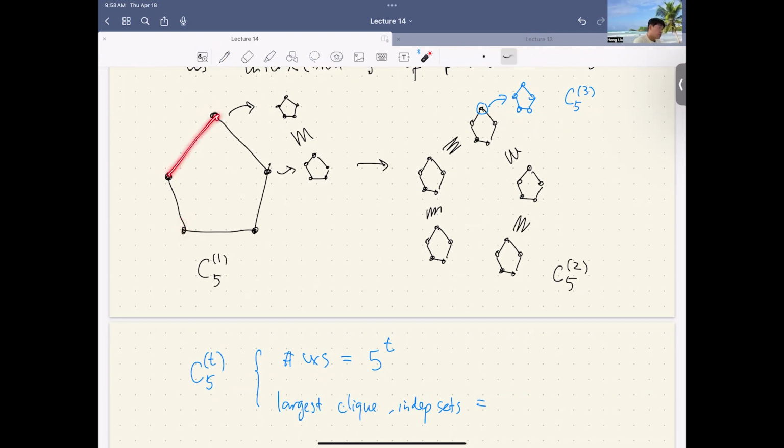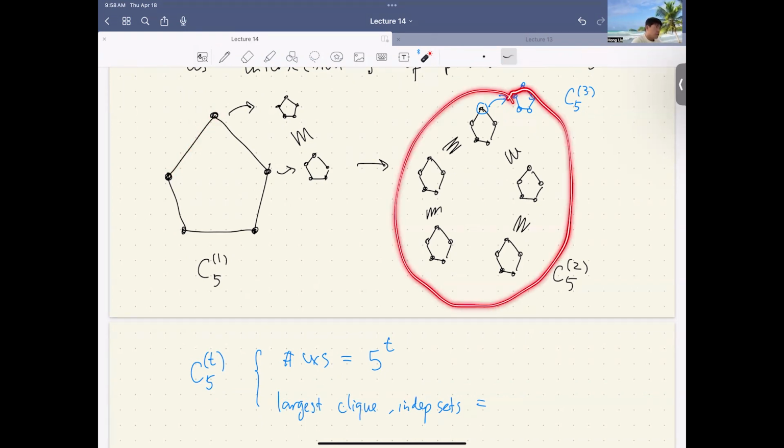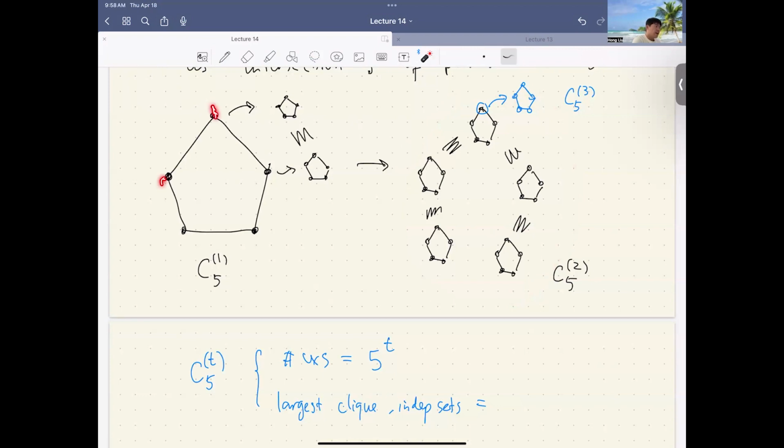Largest clique is also 2. Second one. How to be a clique here? First of all, you have to be a clique in the original thing, right? To pick vertices. So if you want to be a clique, you have to pick vertices from adjacent blocks. And inside each block, you can only choose 2. So it's 2 to the 2. For independent set, it's the same. You choose an independent set here, you have to choose a non-adjacent block and choose 2 here. So it's 2 to the 2. In general, 2 to the t. So if this is n, this is n to the log 2 over log 5.